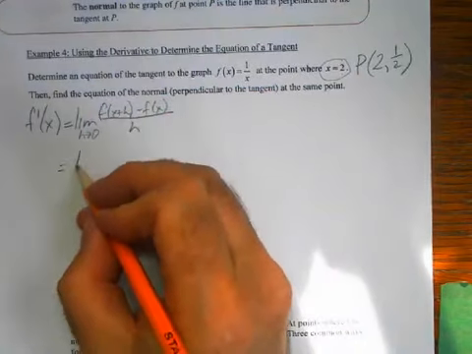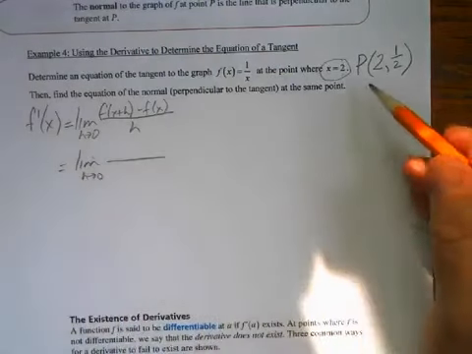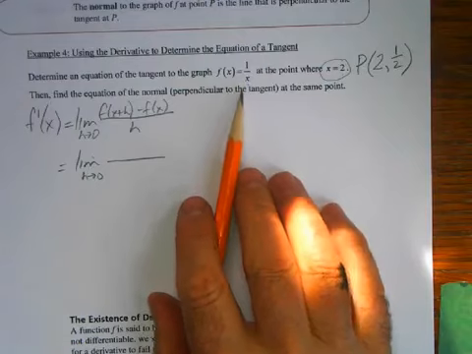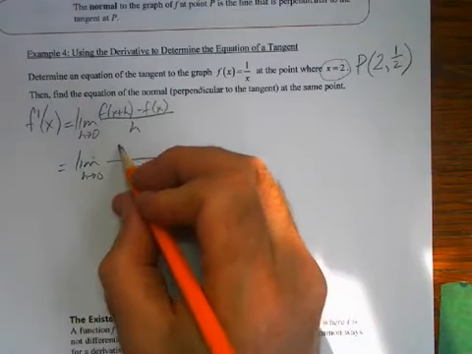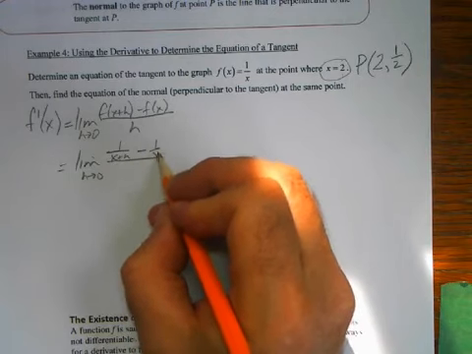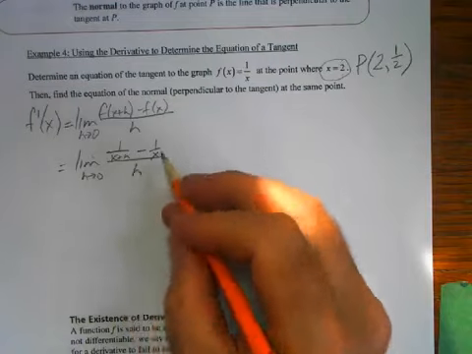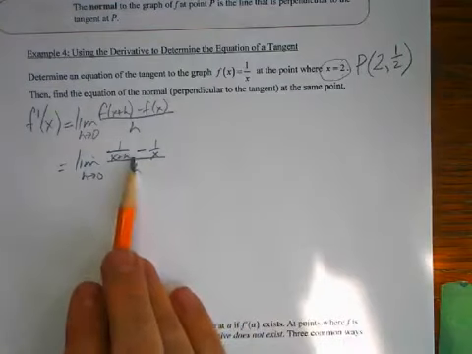Now this function is 1 over x. So this is going to be 1 over x plus h, minus 1 over x, all over h.